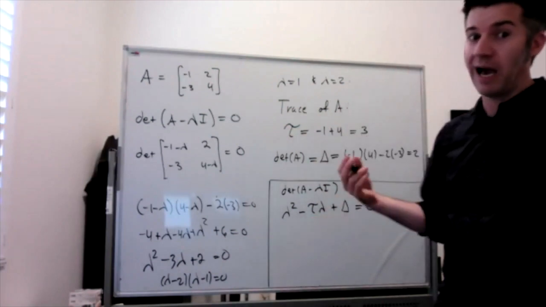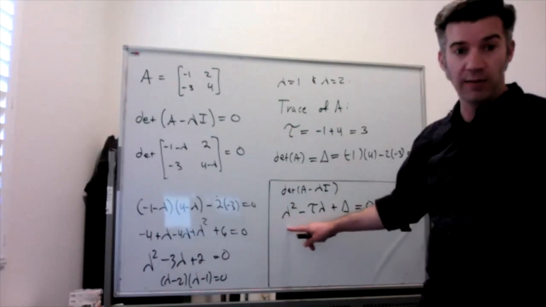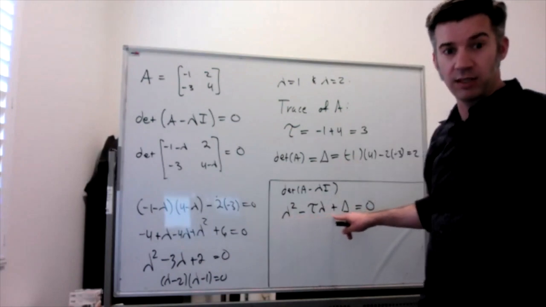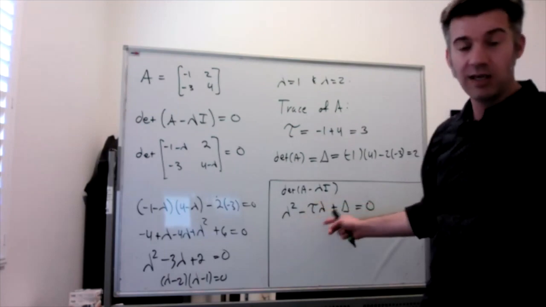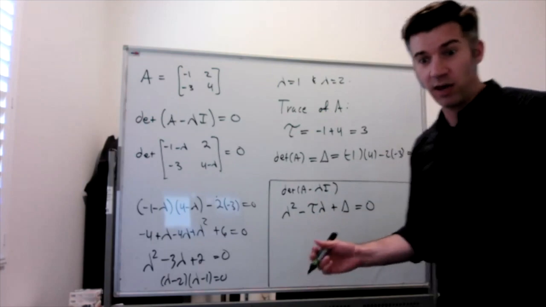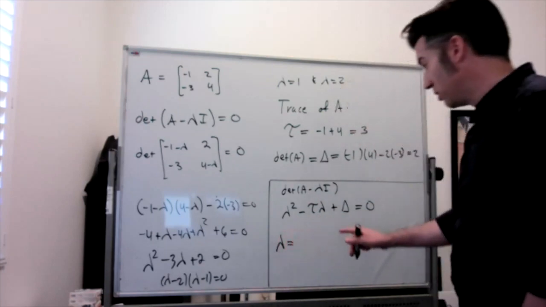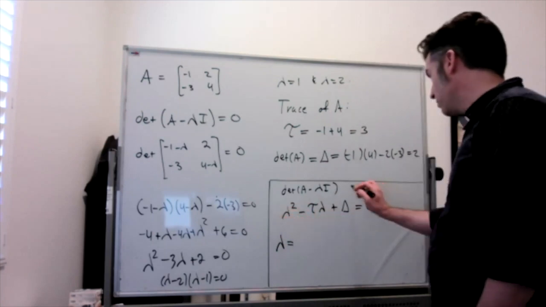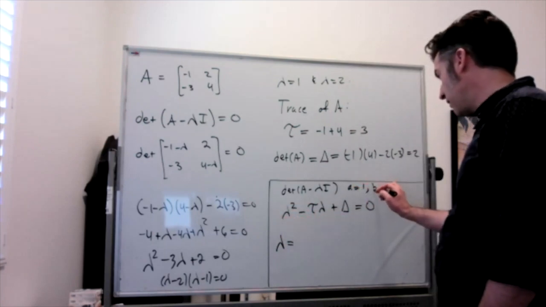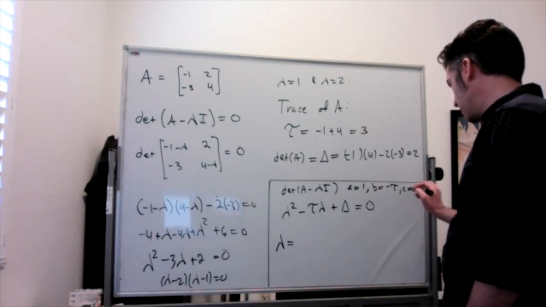If you're finding the eigenvalues, you're really solving the quadratic equation lambda squared minus tau times lambda plus delta equals 0, where tau is the trace and delta is the determinant. Then we can use the quadratic formula. My A value is 1, my B value is -tau, and my C value is delta.